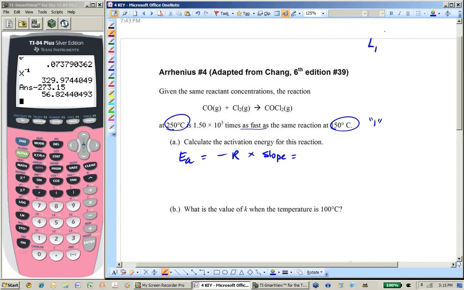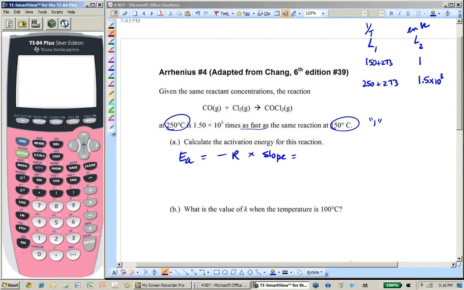L1 is going to be my temperature, so I want 1 over T in L1. And L2 is going to be ln of k. So I'm going to assign this k of 1, this k of 1.5 times 10 to the 3rd. This temperature was 150 plus 273. This one is 250 plus 273.